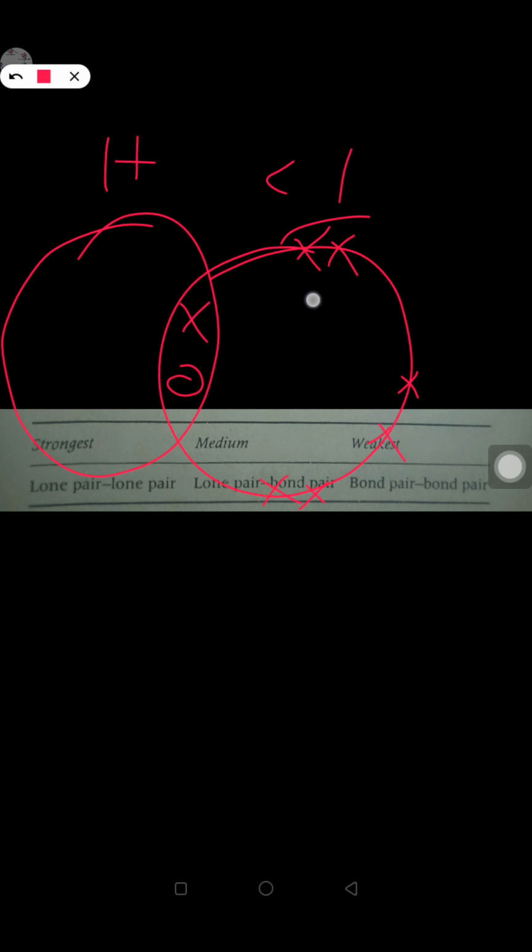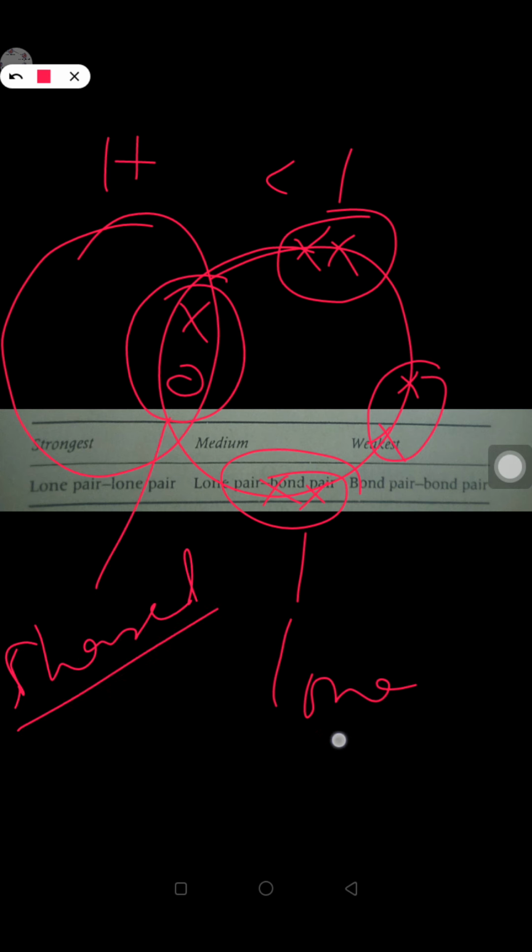The pair not taking part in chemical bonding is called the lone pair. The one taking part in chemical bonding is called the shared pair.